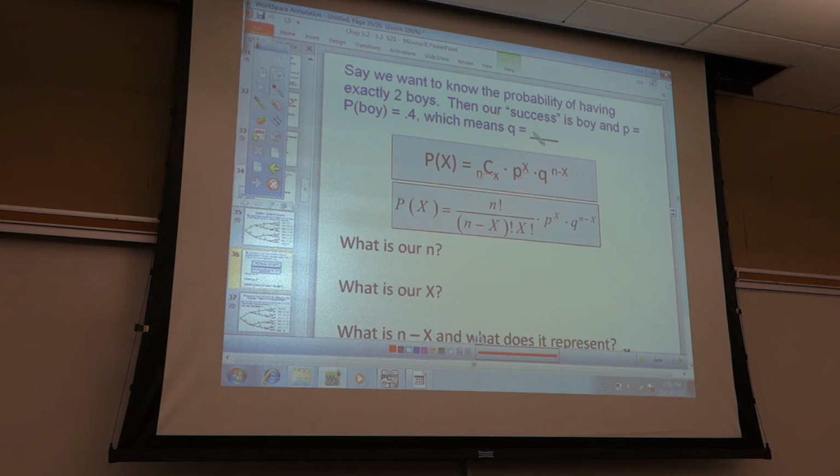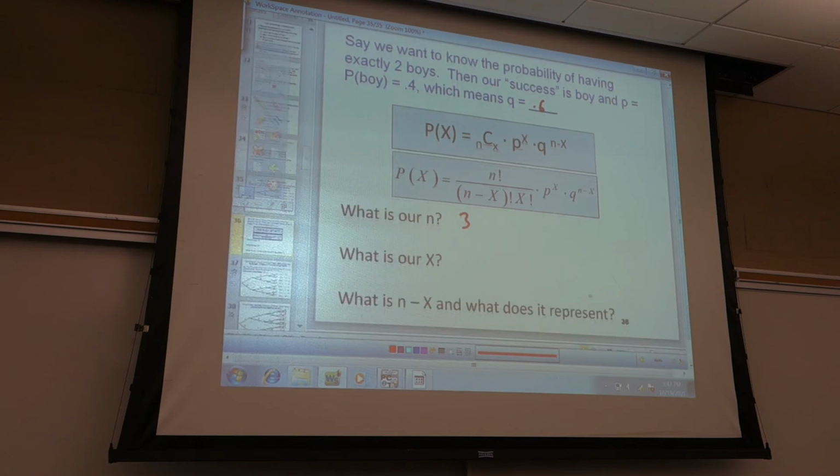They have to add up to 1 or 100%. Everybody on board with that part? Now, what's our N? We're having 3 children. 3. What's our X? 2. Remember, X stands for the number of successes.